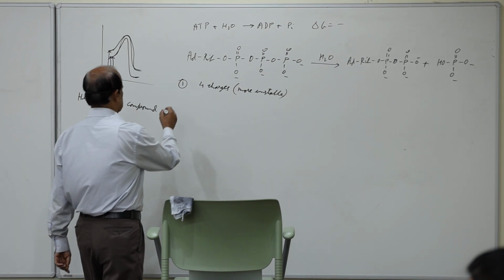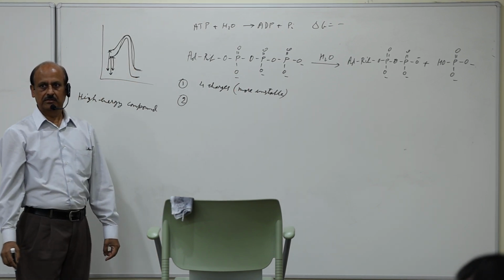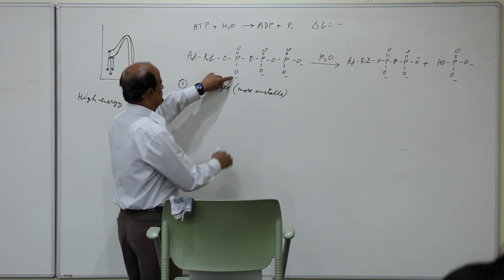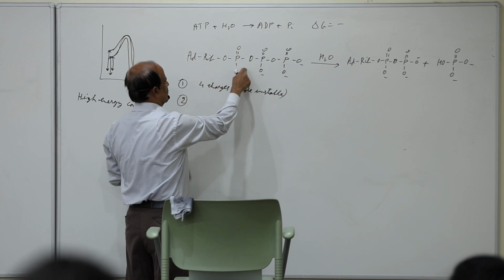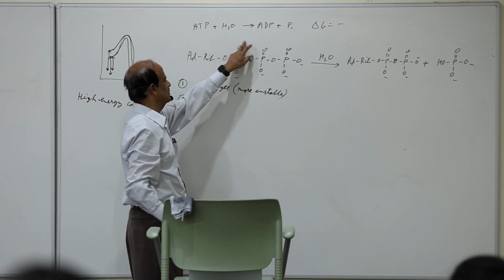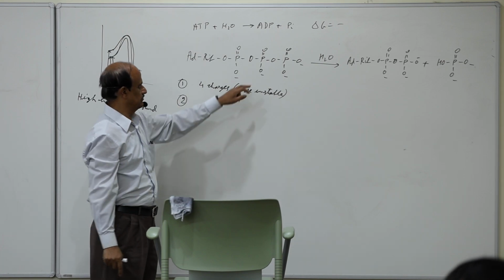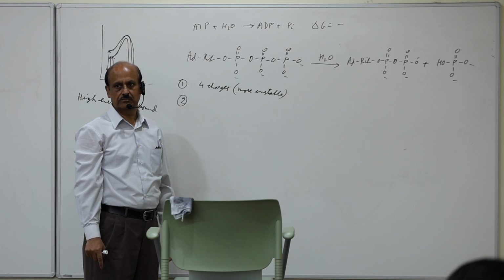The other factors have to do with the product. What makes the product more stable? You studied in organic chemistry that if you can draw resonance structures, that makes it more stable. So let's look at the phosphate here. This negative charge can be shared by this oxygen. So you draw an arrow here and this electron goes to the oxygen. So there is equal charge on the 2 oxygens. Same thing with this. There will be 2 resonance structures.